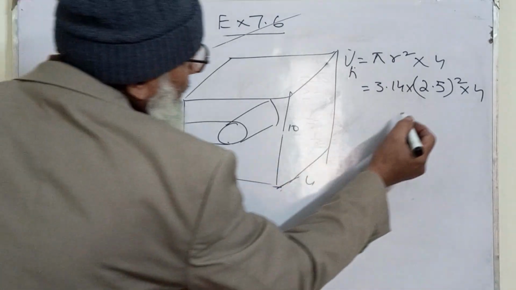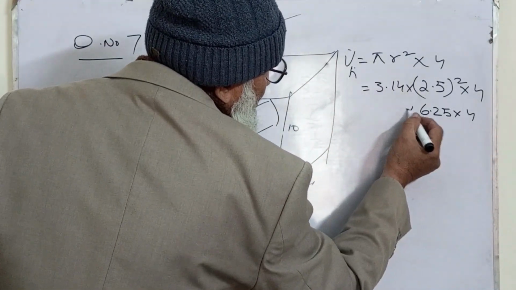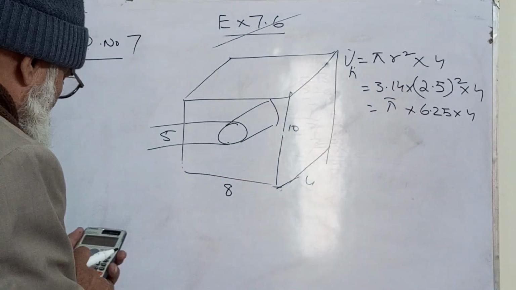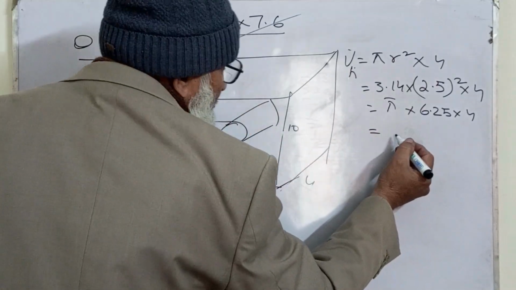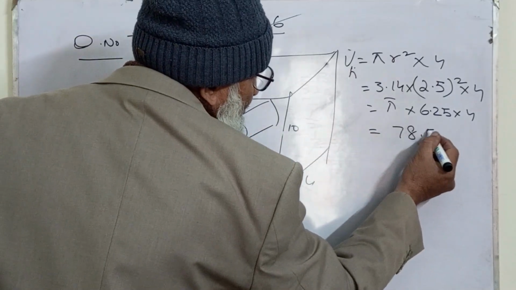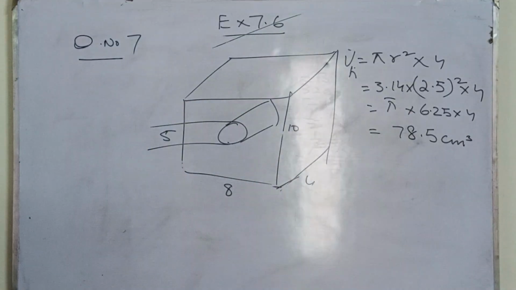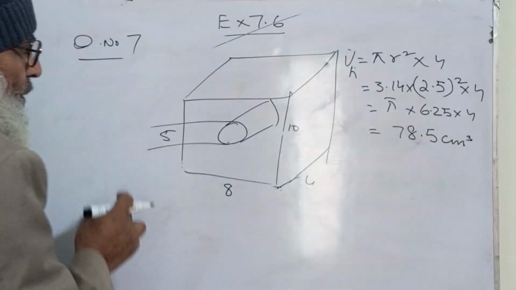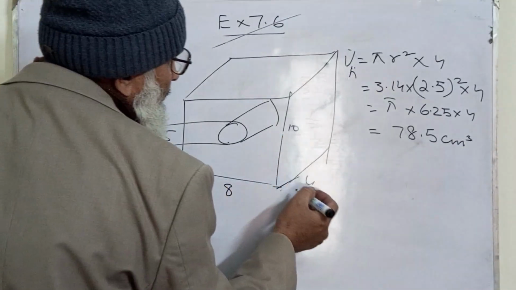Now this will become 6.25. The rest of the things are the same. The volume of this hole is 78.5 centimeter cube. And of course, we have to find the volume of the cuboid.